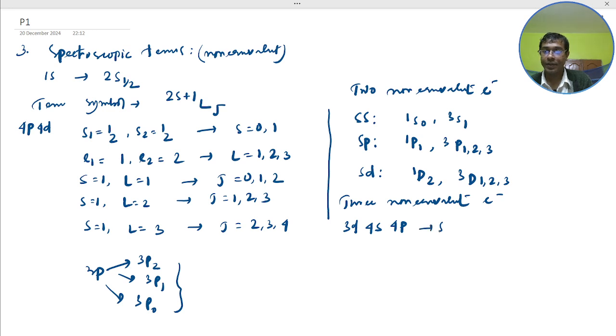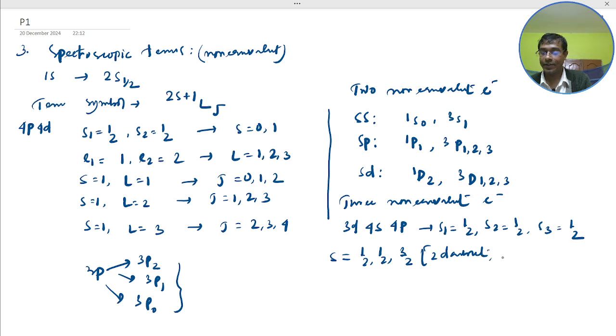Here the S1 value is half, the S2 value is half, the S3 value is also half. So S is equal to half or 3 by 2, basically doublet and quadruplet.